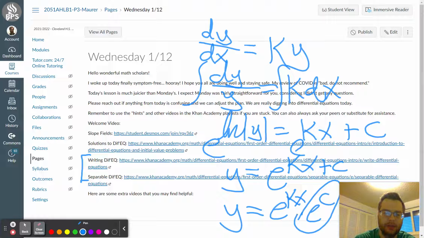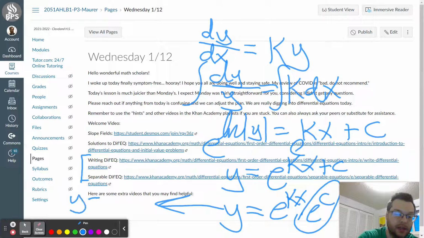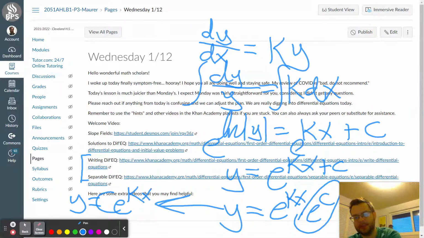And so you will often see this rewritten as y equals c e to the kx. This c is not the same as the old c, but they're both just constants, so it doesn't really matter. And that would be the general solution to a population growth that was just proportional to the population.